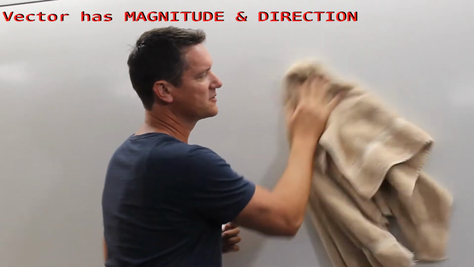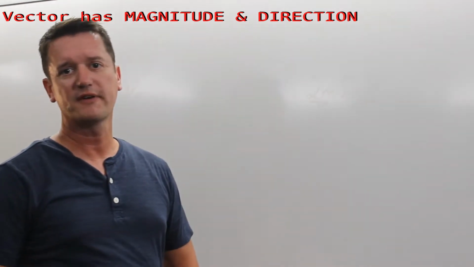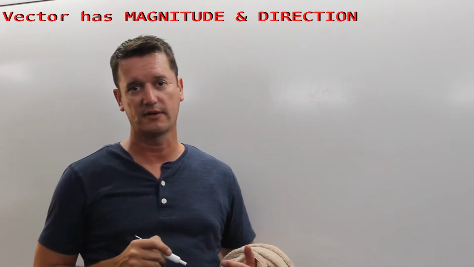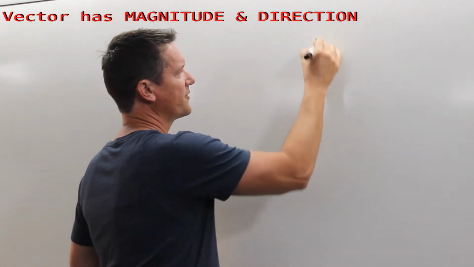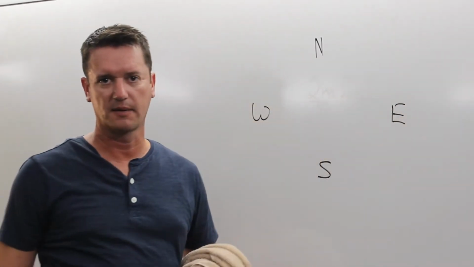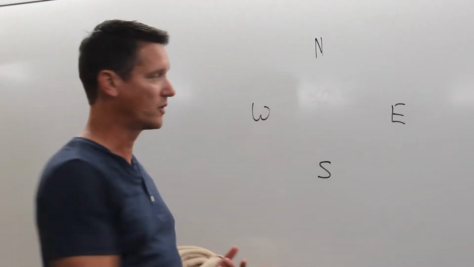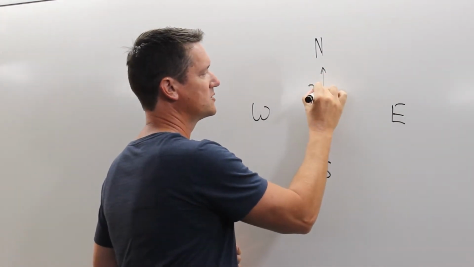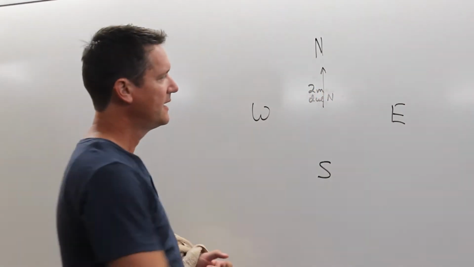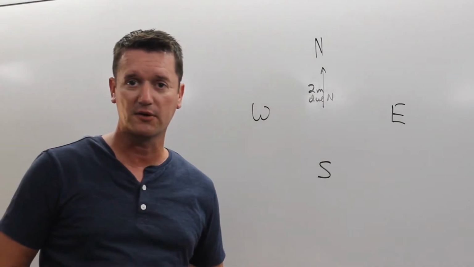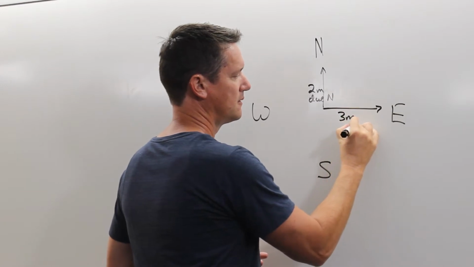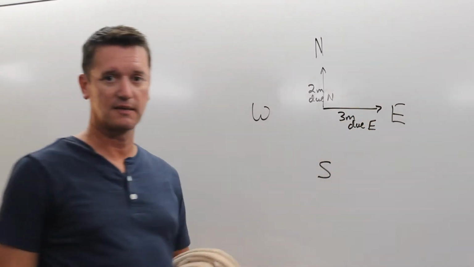Now, the other thing that we do with vectors is we typically draw them. We draw vectors in terms of arrows. Whenever you draw a vector, you have to have an arrow with an actual head on the arrow. For our purposes, north is typically up here, and south, east, and west, just like a compass. So if I was going 2 meters due north, I would draw a vector and label it 2 meters due north. It would look something like that. If I wanted to draw a vector that's 3 meters due east, it might look something like this.